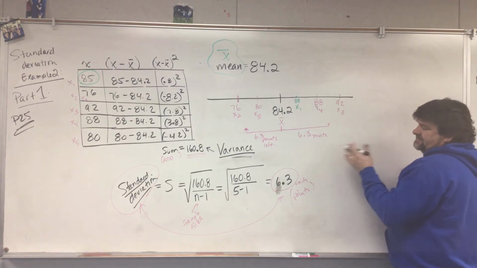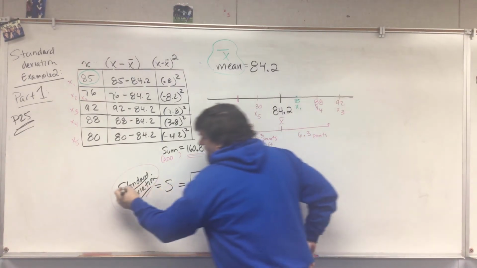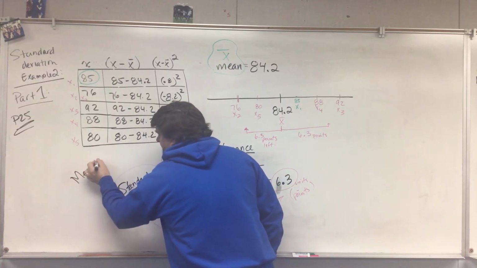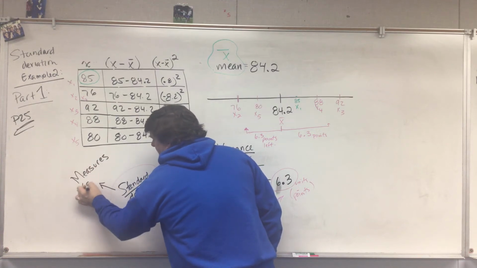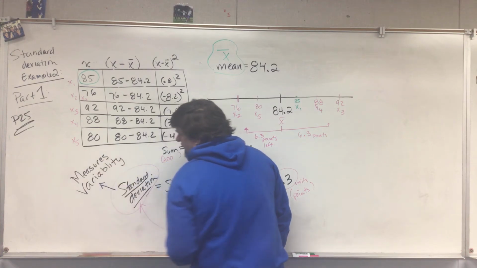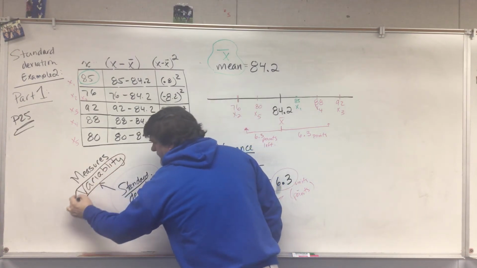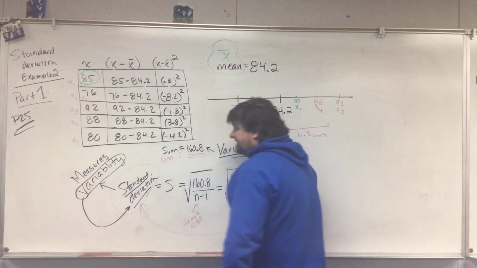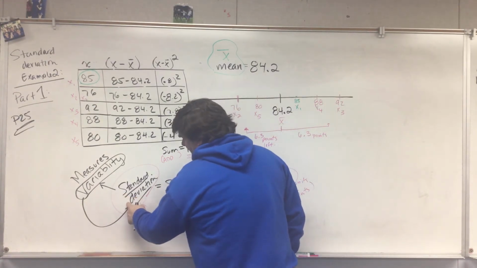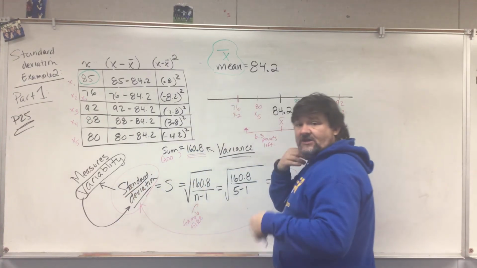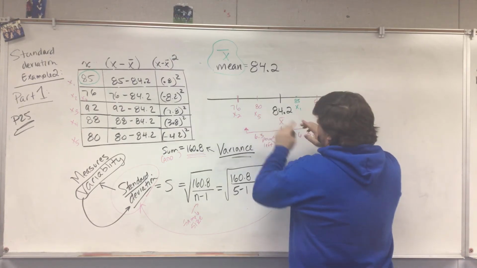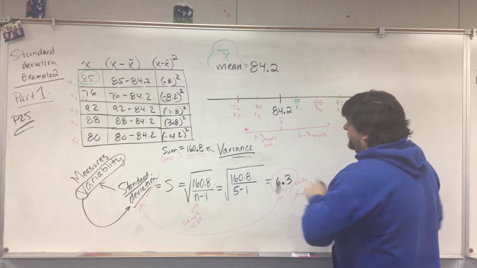So our idea, so basically standard deviation measures variability. Variability means to deviate from something, or deviation. So the standard deviation is what is the unit, or how many units do these test scores deviate from the mean.